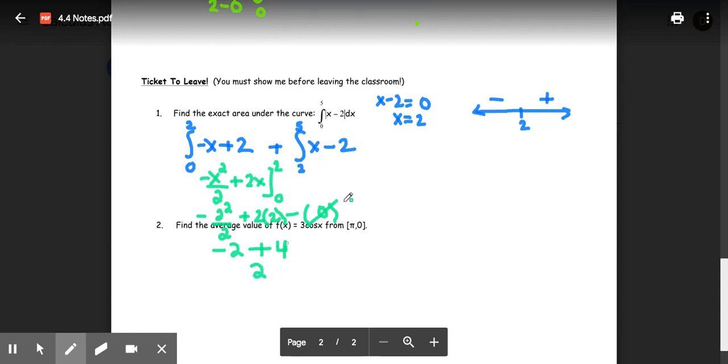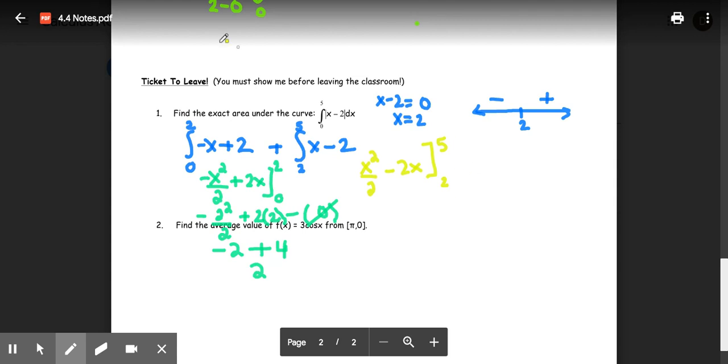And now I have to go and do the same thing over here. If I integrate this, I get x squared over 2 minus 2x, from 2 to 5.